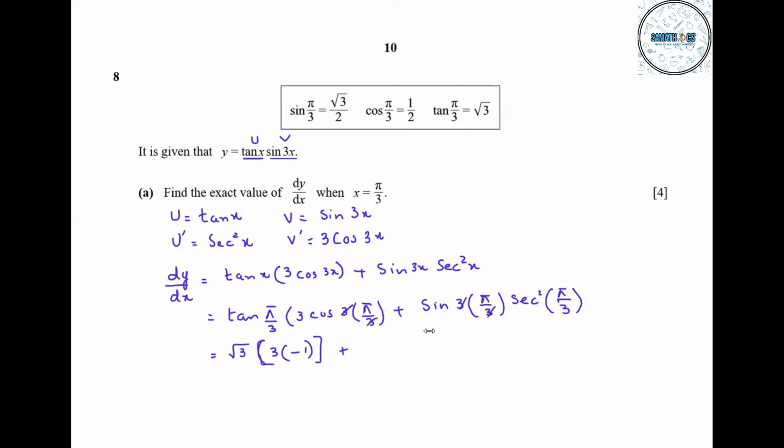Sin pi is 0. And 0 multiplied by sec square pi upon 3 will be 0. So we don't need to write down its value. So this will be 3 multiplied by minus 1, it is minus 3. Minus 3 multiplied by under root 3 is minus 3 under root 3.